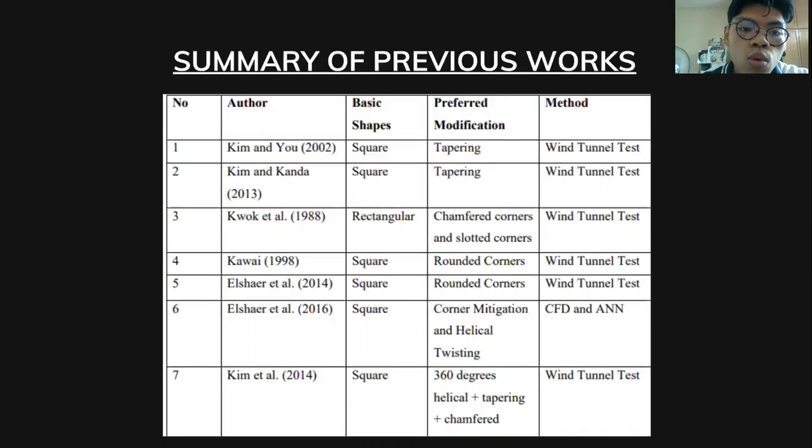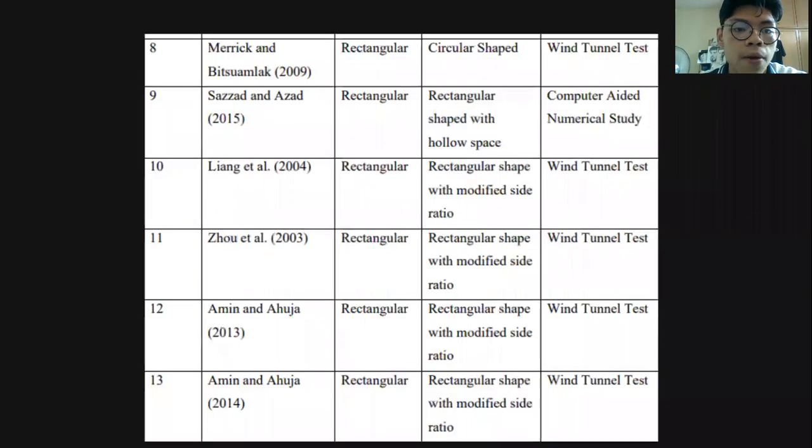Then you can see Kwok, Kawai, and Elshar et al. made a corner modification to their basic shape. Then there's corner mitigation and helical twisting shape by Elshar, and a 360 degrees helical tapering and chamfered corners modification by Kim et al. in 2014.